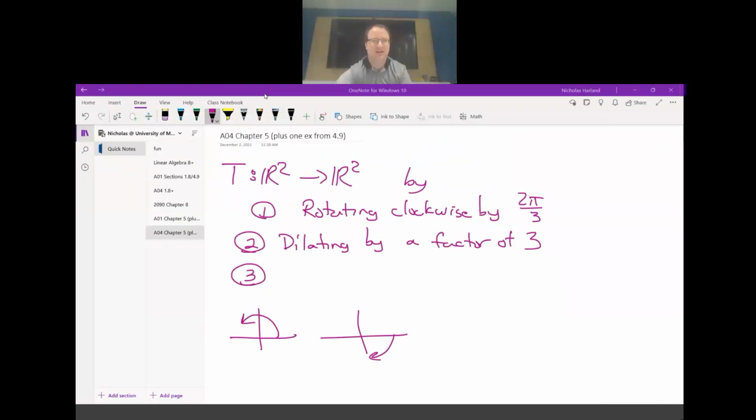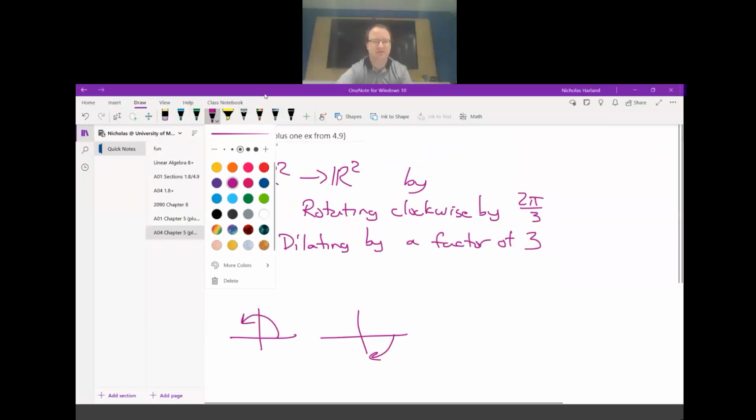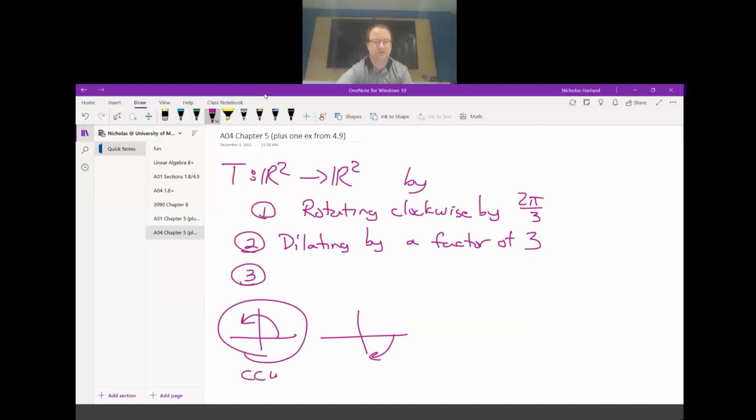So counterclockwise is this first one, and this one is clockwise because it goes around like a clock goes around. The quadrant is more related to what the angle is, not the direction and how you get there.